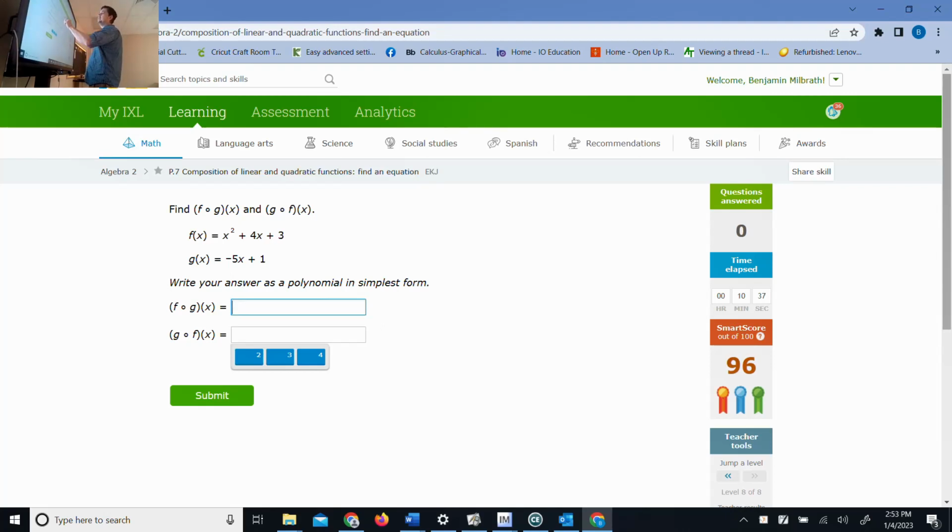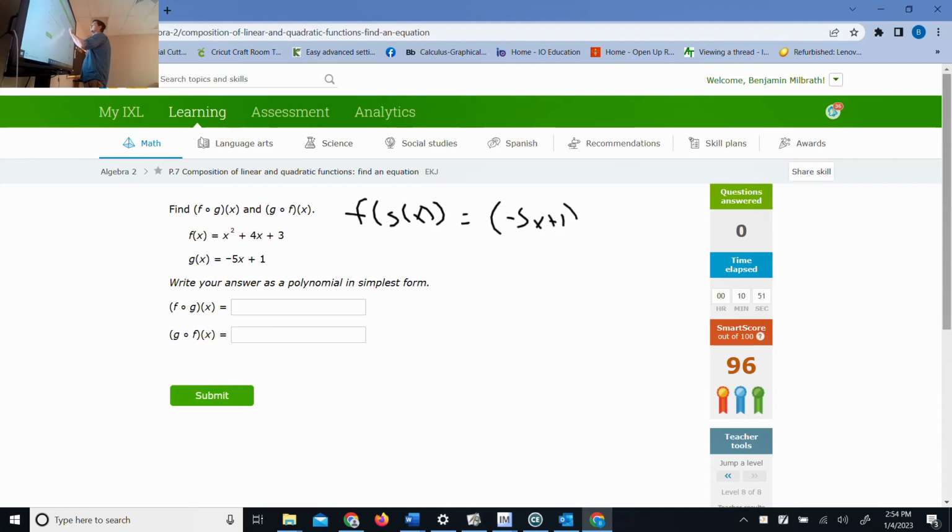So f of g is the first one. Everywhere I see an x in f, it becomes negative 5x plus 1. So I got to square that thing. Then I encounter this 4x, so plus 4 pieces of a negative 5x plus a 1. And then I have this little plus 3.